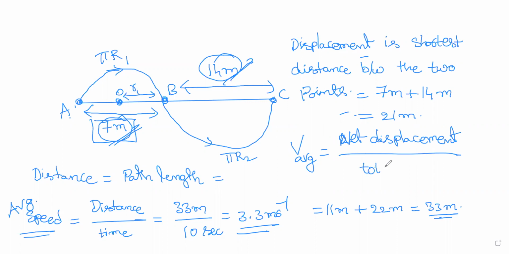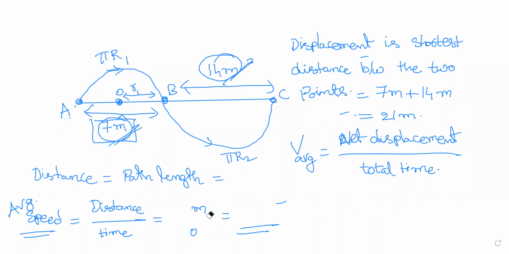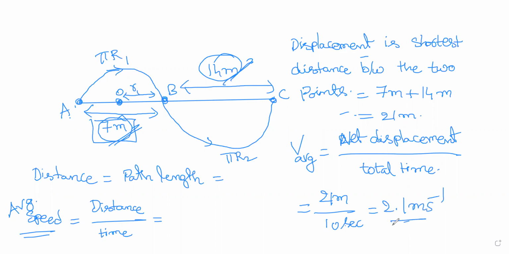Sometimes in some books they will write it as time interval. Either way, it's understandable. So V average is 21 meters, that's the displacement, divided by 10 seconds. 21 divided by 10 is 2.1 meters per second. So this is the average velocity.